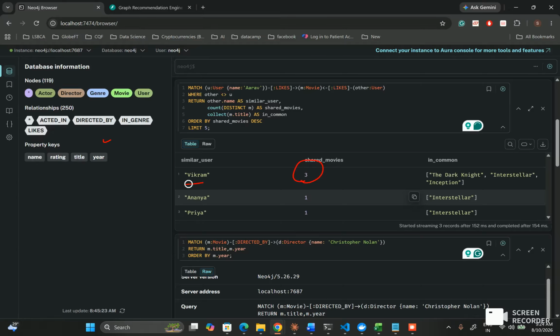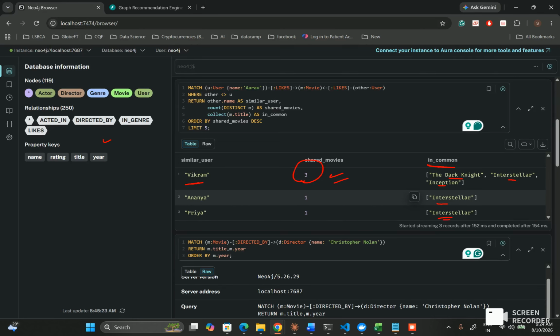So Vikram is a much closer match to Arav. And this line is what captures the difference as an actual number. Now we're also seeing over here in_common, which movies matched. It's not just the score we are counting, it's the movies. Dark Knight matches, Interstellar matches, Inception. In the case of Ananya, only one movie matched.